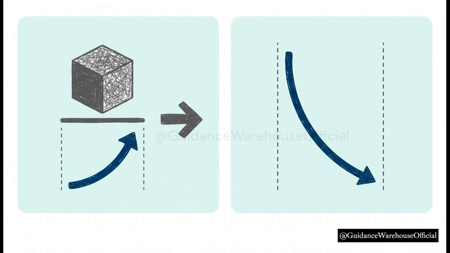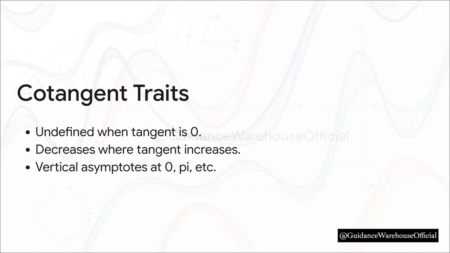All right, let's keep this momentum going and move to our final function to see how this reciprocal logic applies to the cotangent. The cotangent is completely defined by the reciprocal identity. It's simply 1 divided by the tangent of x. Visualizing this gives us a really striking result.